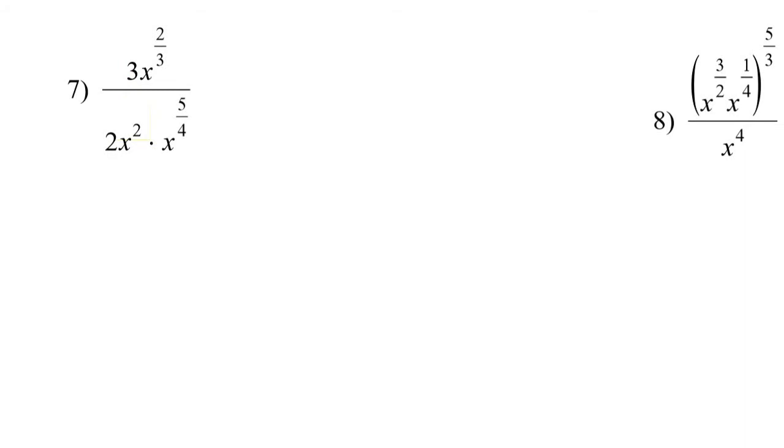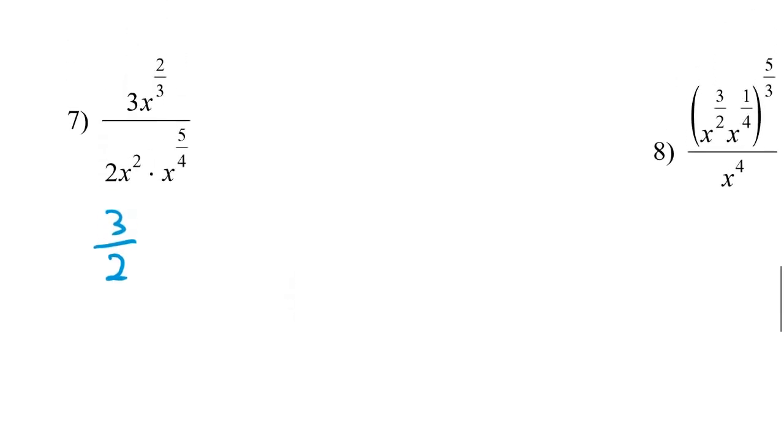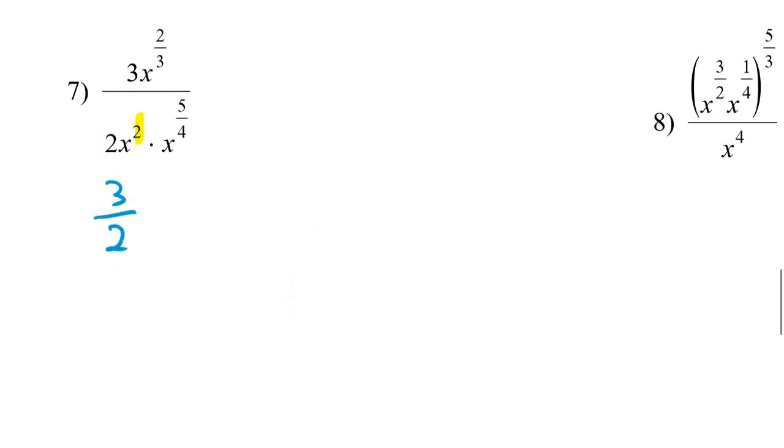So 3 divided by 2 is just 3 over 2. And now let's do this denominator. We're going to combine these two with the 5/4 by adding them together. So 2 plus 5/4, and 2 is 2 over 1, so multiply by 4.